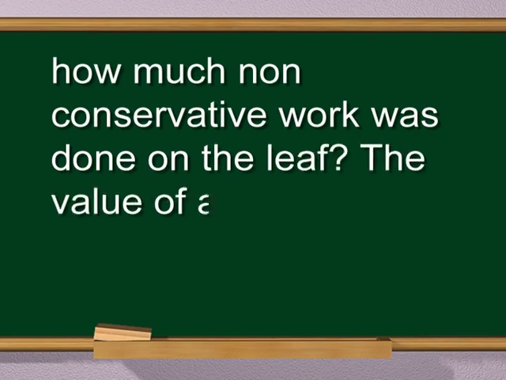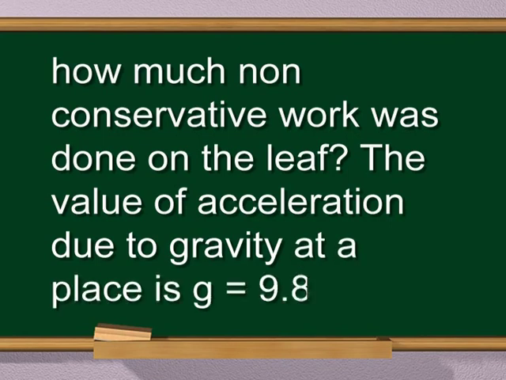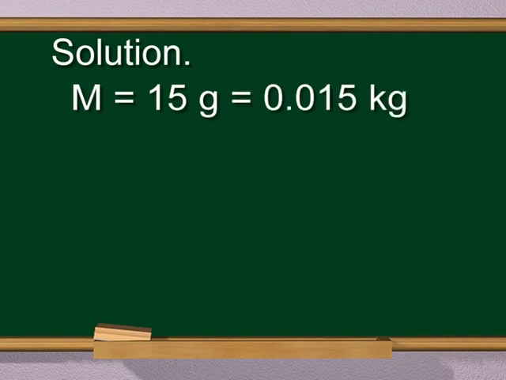The value of acceleration due to gravity at a place is g equal to 9.8 meter per second square. Here m, the mass of the leaf, is equal to 15 gram or equal to 0.015 kilogram.